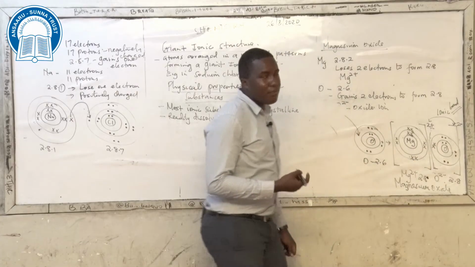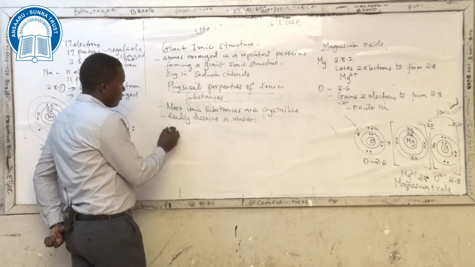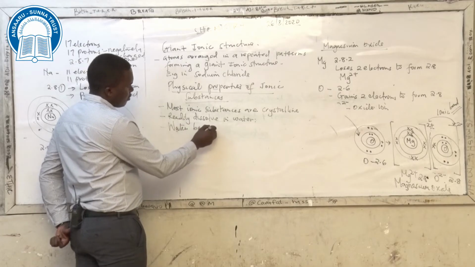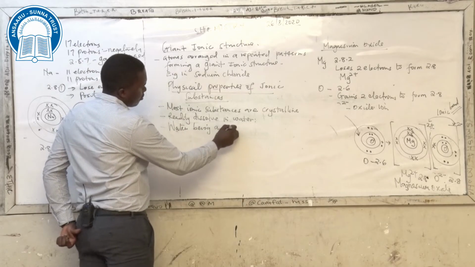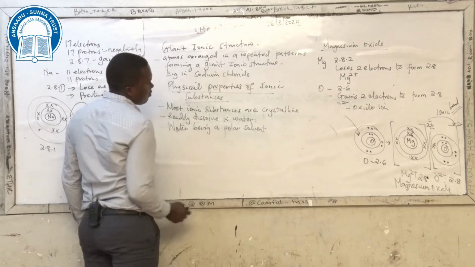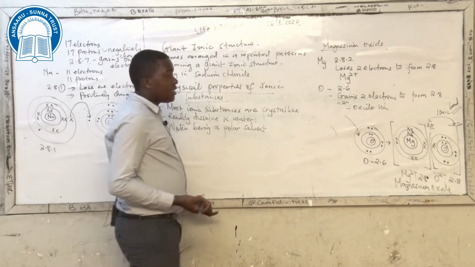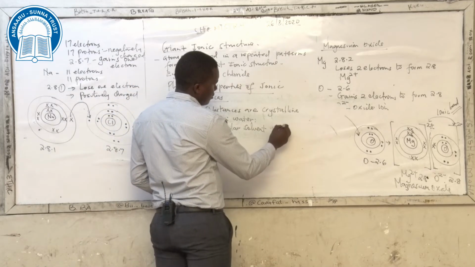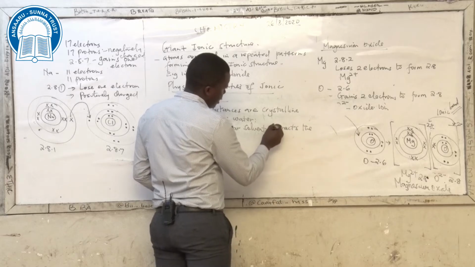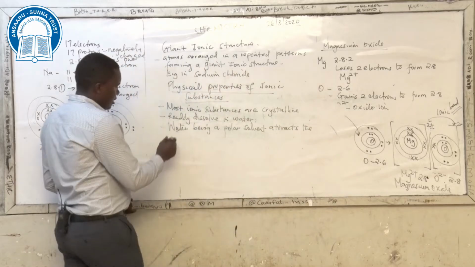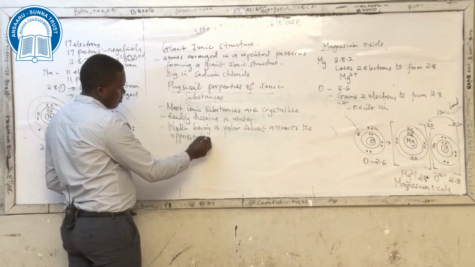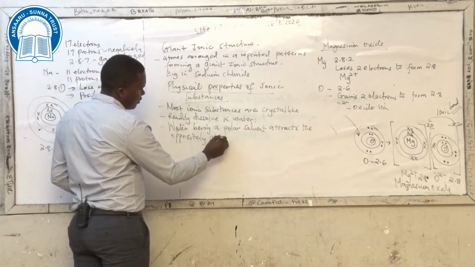Remember water is a polar solvent. So water being a polar solvent attracts the oppositely charged ions.